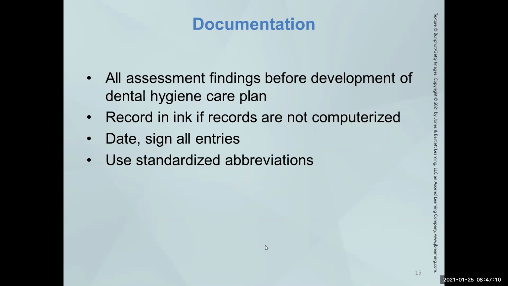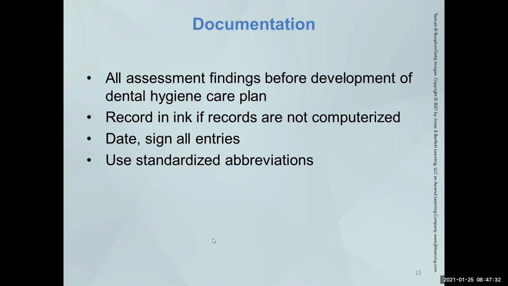If you're using paper charts, it must be in ink. Everything must be dated and signed. You have to use standardized abbreviations, and on Canvas, I posted the American Dental Association accepted abbreviations. There are some medical abbreviations too.